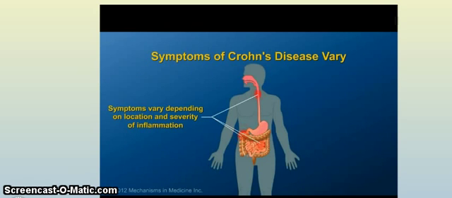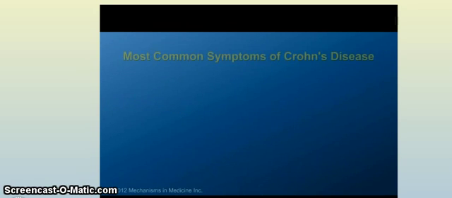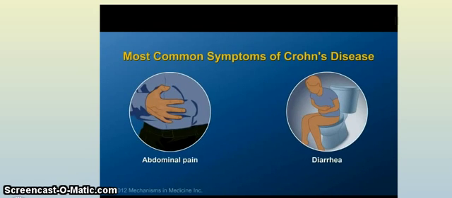The symptoms of Crohn's disease vary depending on where the disease is located and its severity. This means that every patient with Crohn's disease experiences the disease differently. Most patients with Crohn's disease have abdominal pain and diarrhea.